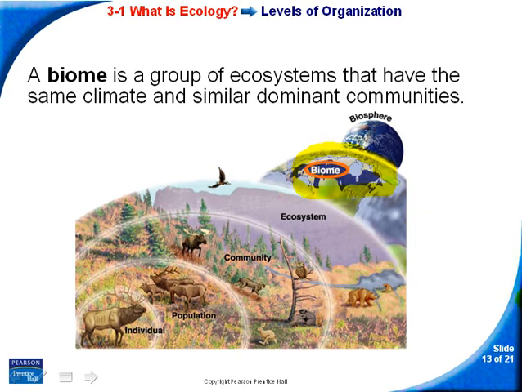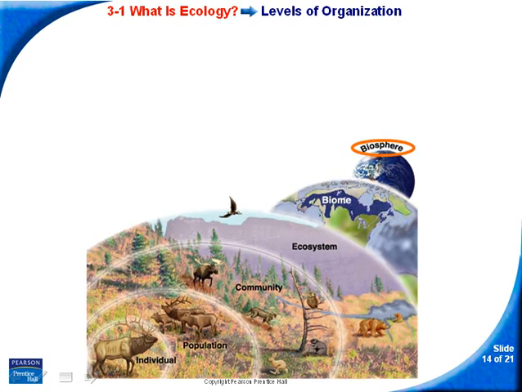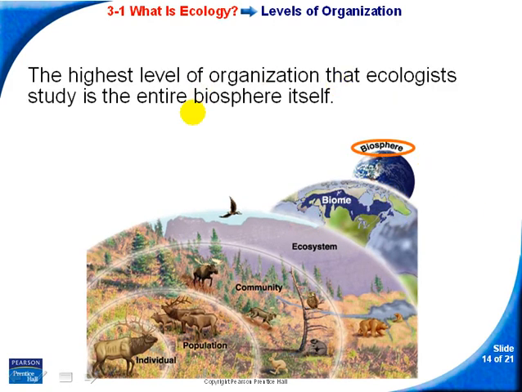They're still going to have the same types of organisms, the same communities, basically the same ecosystem. And then lastly, the biosphere is all the biomes together, and that we call the entire biosphere.